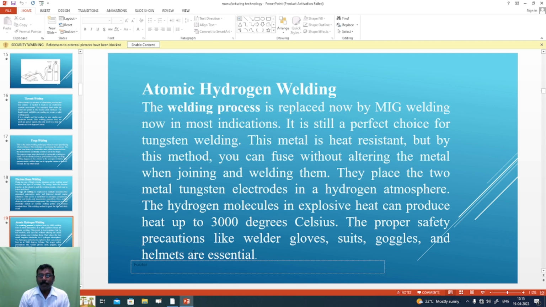They place the two tungsten electrodes in a hydrogen atmosphere. The hydrogen molecules, in explosive heat, can produce heat up to 3000 degrees Celsius. The proper safety precautions like welder gloves, soot-proof clothing, and a helmet are essential.